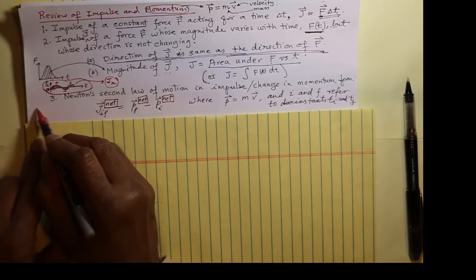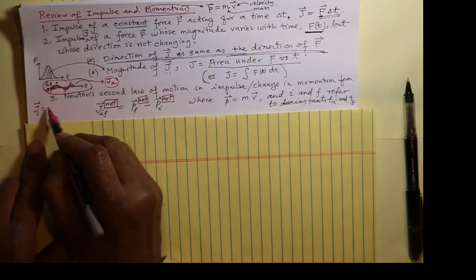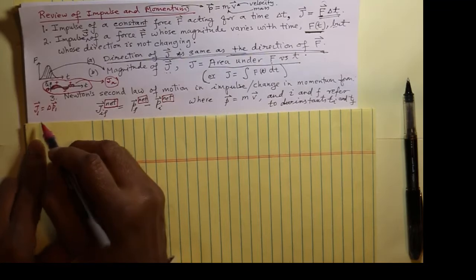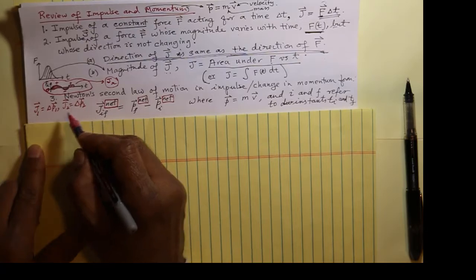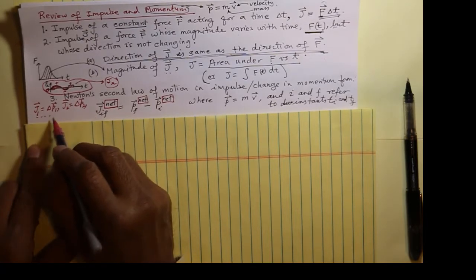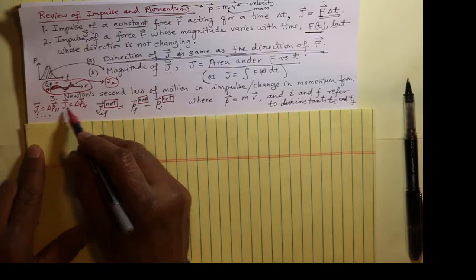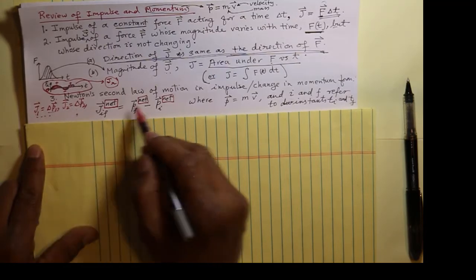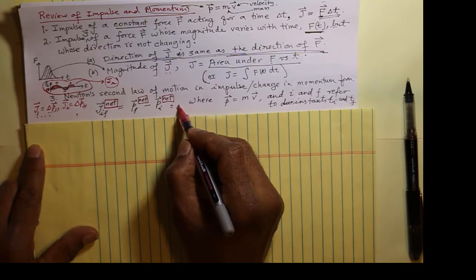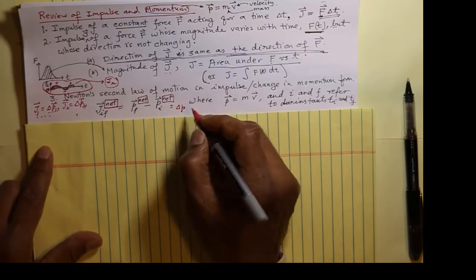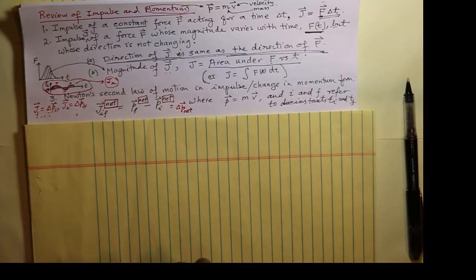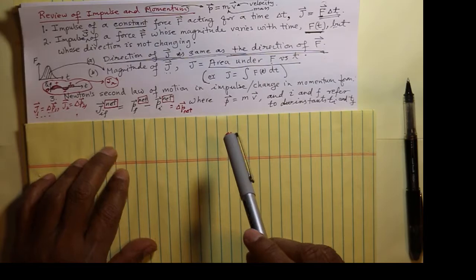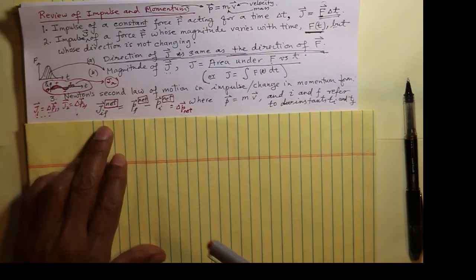Each force, say force 1, will cause its own change in momentum, and force 2 will cause its own change in momentum, and so on and so forth. So if I add up all the left side, that means I need to add up all the right side. The right side is basically the delta p net. So these are the basic aspects of momentum and impulse.